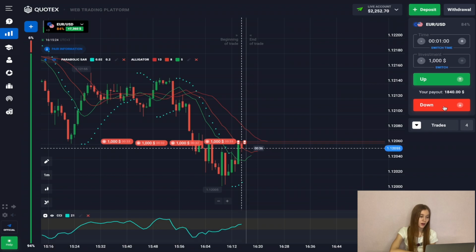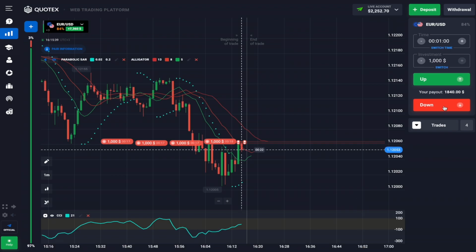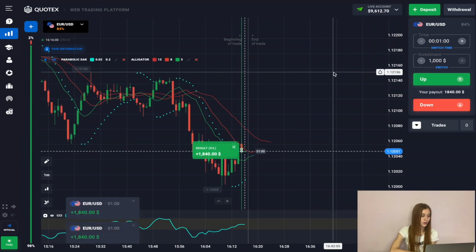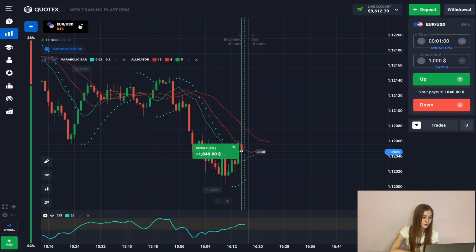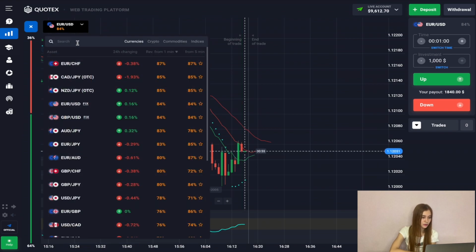There's an upward movement, but now we can expect the advance of the red candle and successfully close our deal. And we successfully close our deals, so continue.